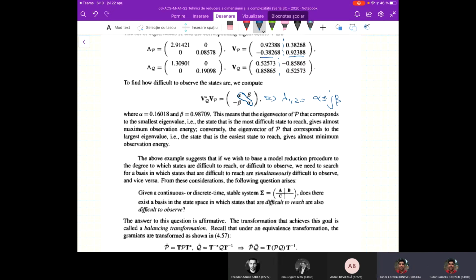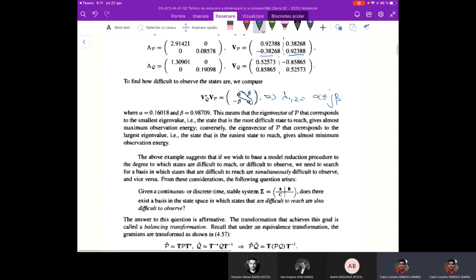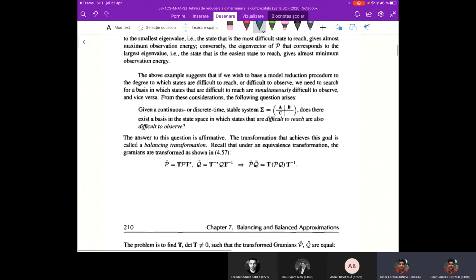Conversely, it's explained here, they explain the things we have been discussing about minimum input effort and output energy. The question we are answering is: given a continuous or discrete time system sigma, this is also applicable to discrete time systems, is there a basis in the state space such that the states difficult to reach are also difficult to observe?